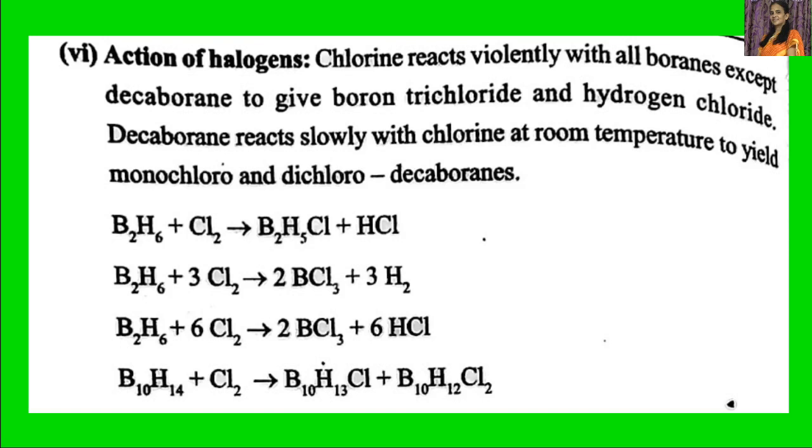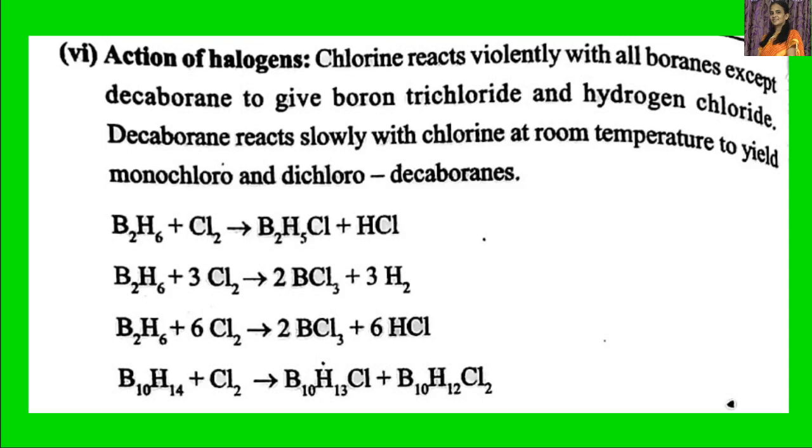Diborane reacts with chlorine to form B2H5Cl plus HCl, that is, one hydrogen is replaced by chlorine. With excess of chlorine, we get BCl3 and H2, and it can also give BCl3 and HCl, that is boron trichloride and hydrogen chloride.